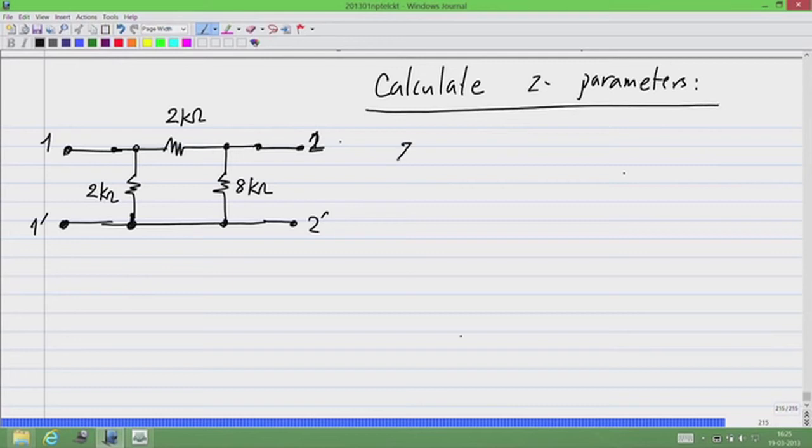Okay. First calculate Z11 and Z21, Z12 and Z22. Okay. So please calculate this and give me the values. First let's start with Z11, then go to Z21.